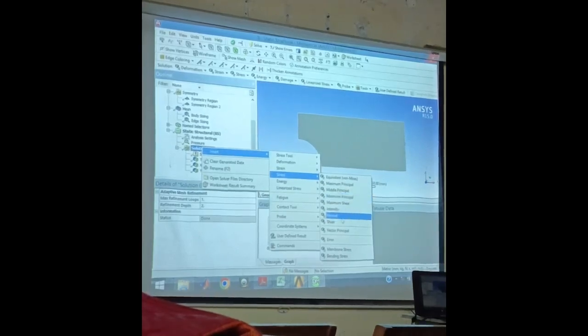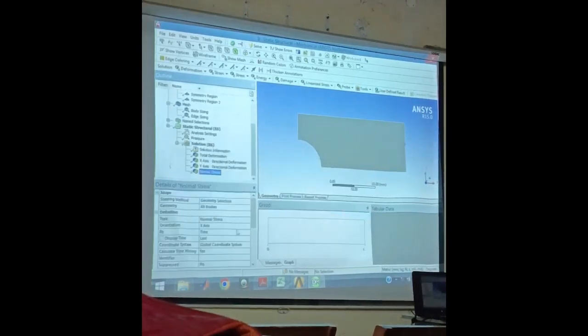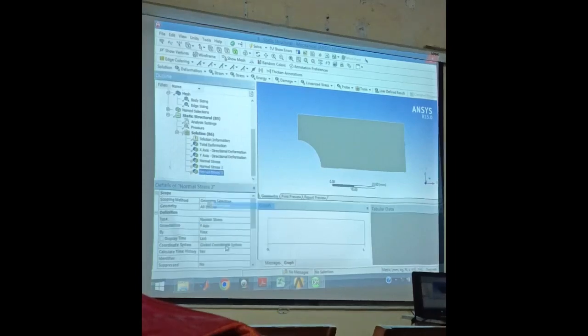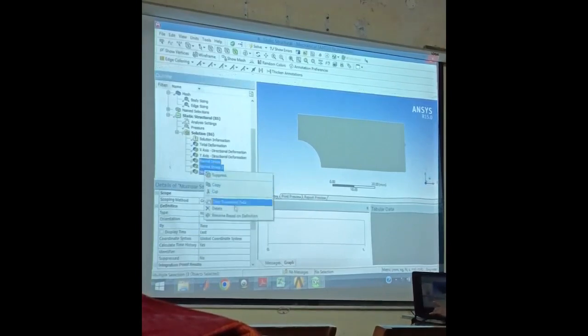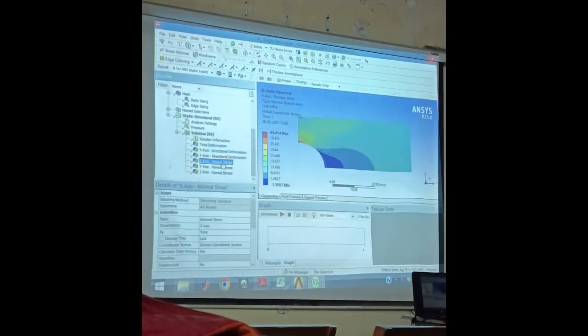So sigma x, sigma 1, those are normal stresses. Say here it is sigma x. Duplicate, sigma y. Duplicate, sigma x. Rename based on definitions. Evaluate parameters. Now you see this sigma x along this x.